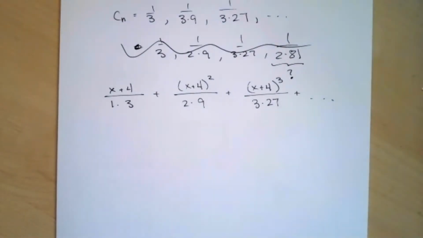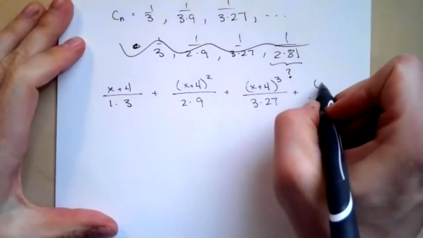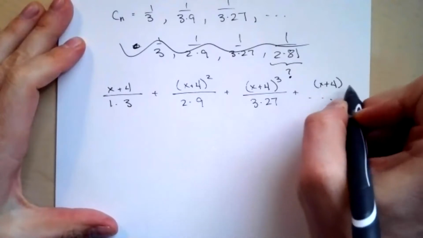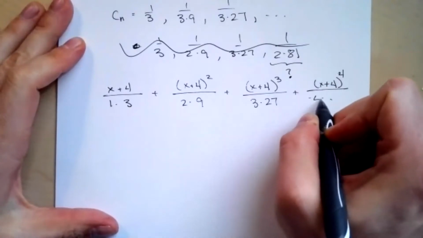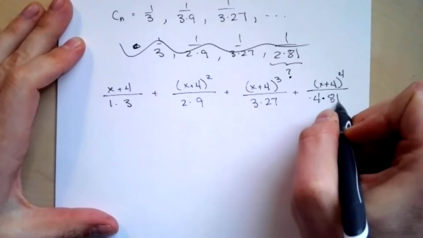I wish they would have given us one more term. If they would have given the 4th term, it would have been easier to see. Usually, if you're writing it out and you want people to recognize a pattern, 4 terms is pretty standard. Sometimes it's hard to see a pattern from just 3. So the next term is, of course, x plus 4 to the 4th over 4 times 81.